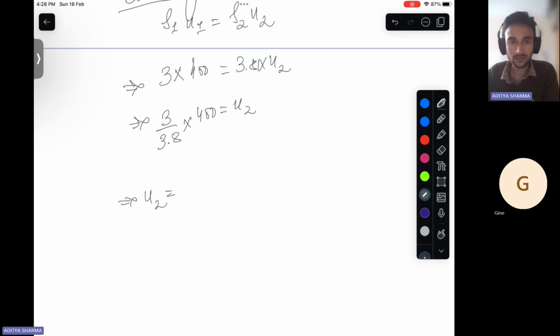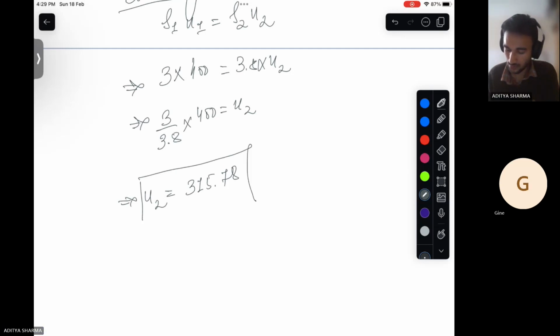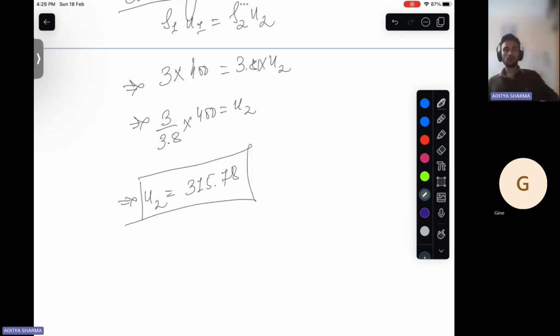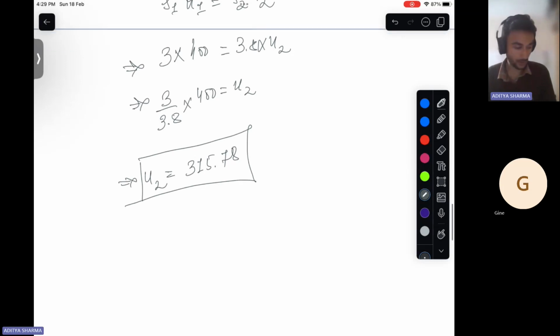Let me just calculate it. Into 400, it comes out to be 315.78. Though this would fall in this range, but then it will fall in that range.